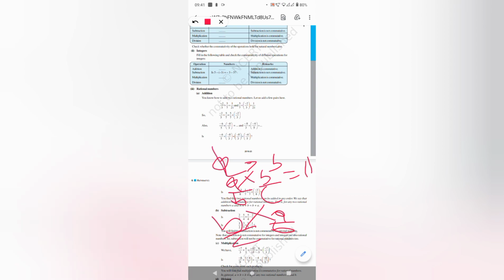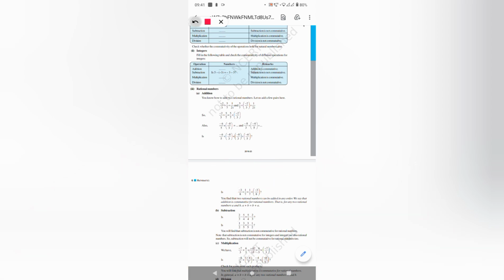They both are similar, but in addition also we can do this, like 3 by 5 plus 2 by 5, or we can write it as 2 by 5 plus 3 by 5. This will give 5 by 5, and this will also give 5 by 5. So commutative is this only.